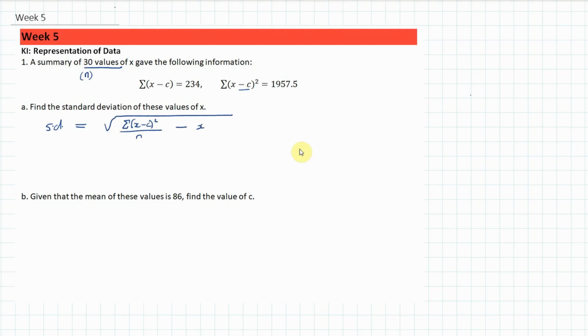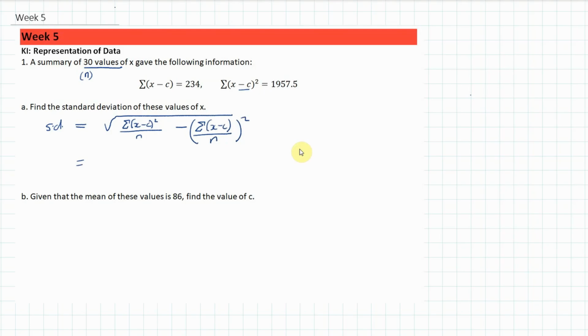So in this case, how do we find the mean of this data? Well, we're going to take all of the values of x minus c, and then we're going to divide that by n. Now, the mean squared.